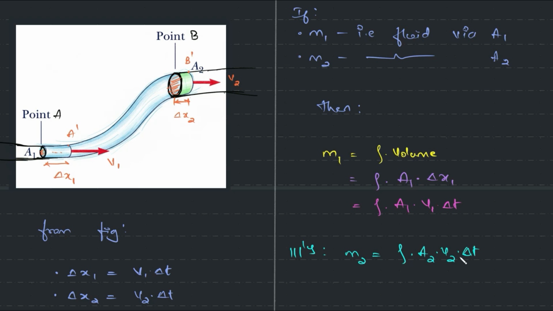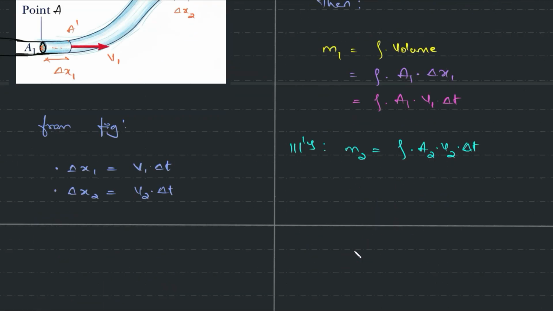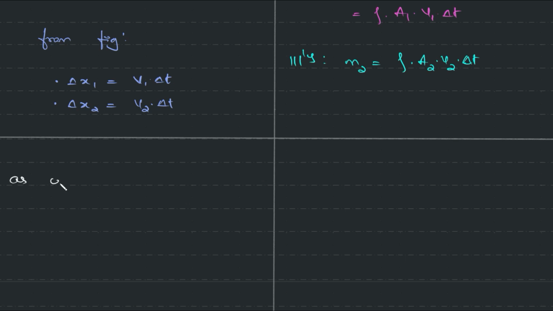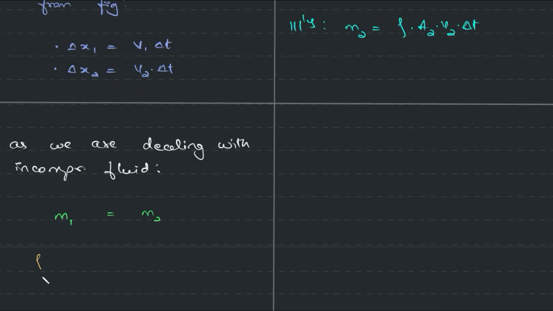Since we are dealing with an incompressible fluid, can I tell that M1 should be equal to M2, and we have rho A1 V1 delta T should be equal to rho A2 V2 delta T, right?